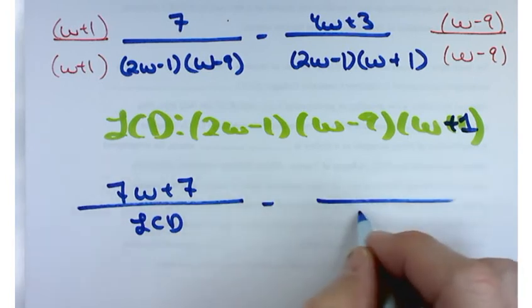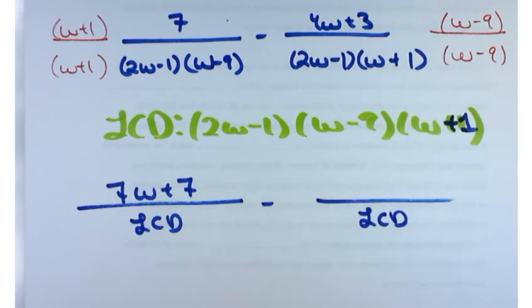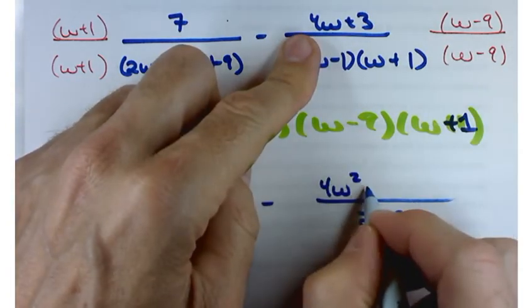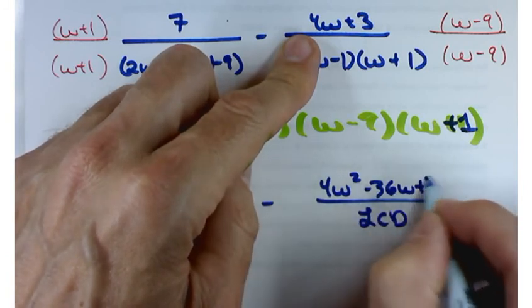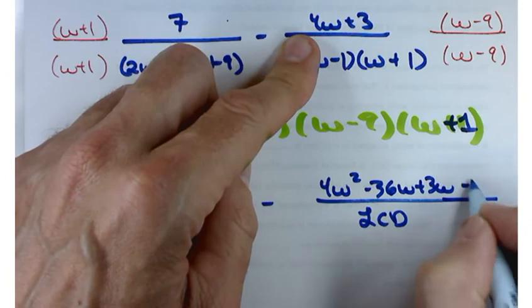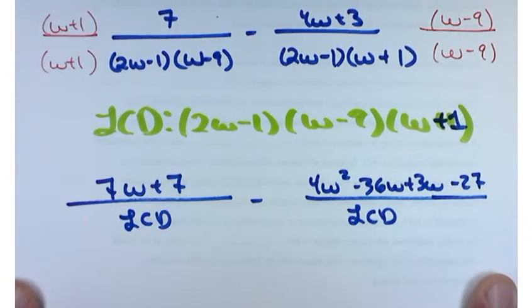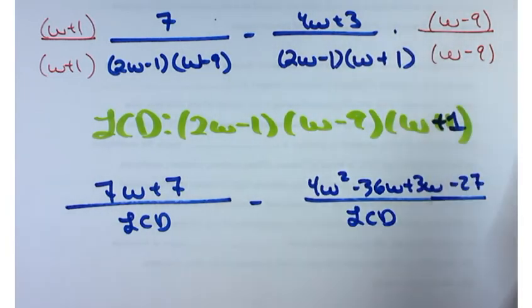Minus. Again, something over the LCD. But this time, what do we got to do to get that numerator? Right. FOIL. So that's going to be 4w squared minus 36w plus 3w minus 27. So all I did was I FOILed those two terms together to get that numerator.